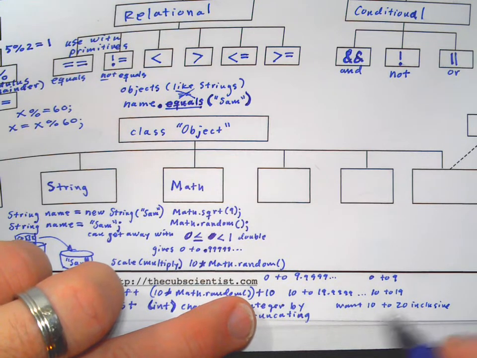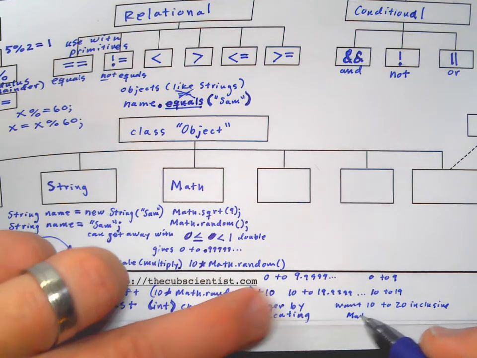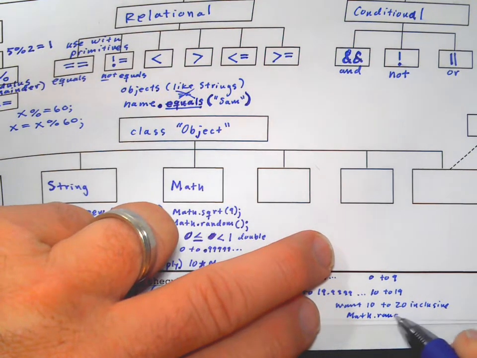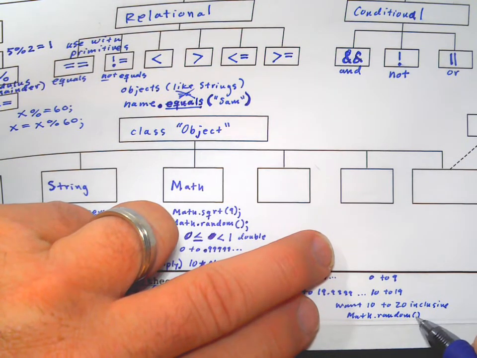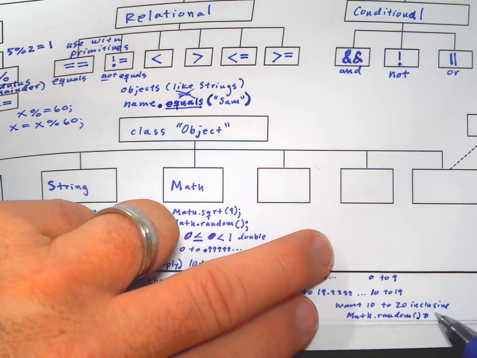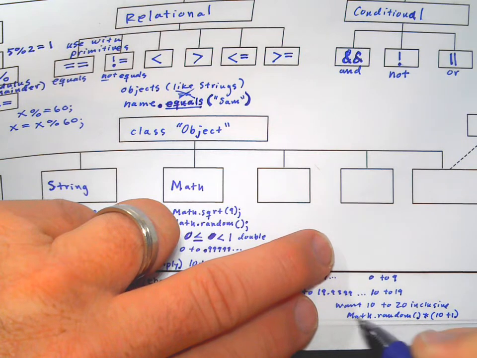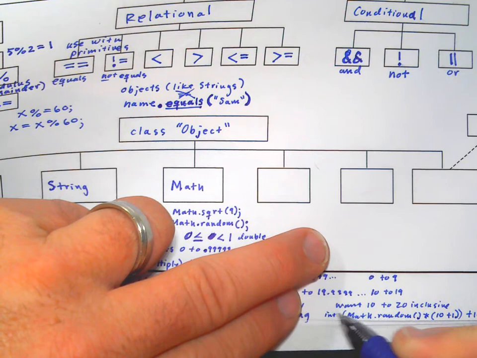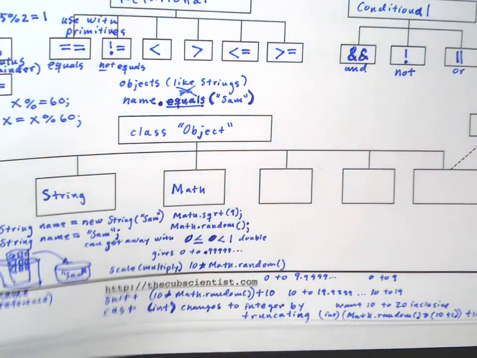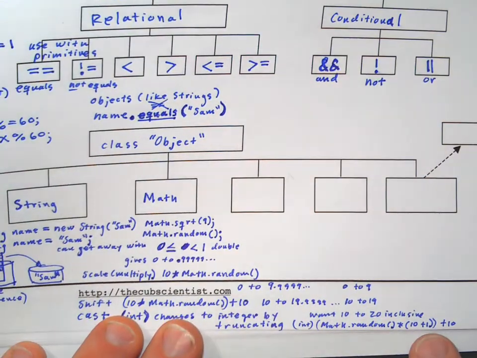Then you would do Math.random times 11, and then you'd add 10, and then you could cast it. You'd want to multiply by one more, because then that would give you 10 to 20.9999. And when you cast it, it would chop it off and you'd get 10 to 20.